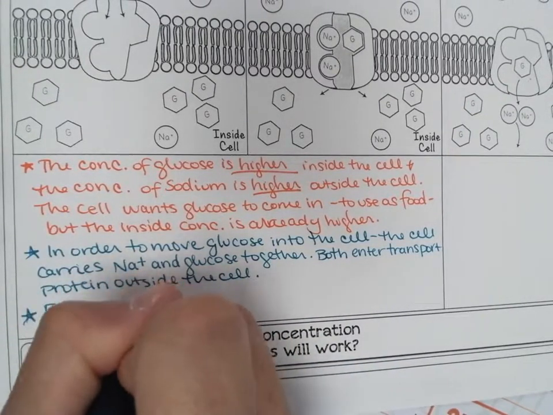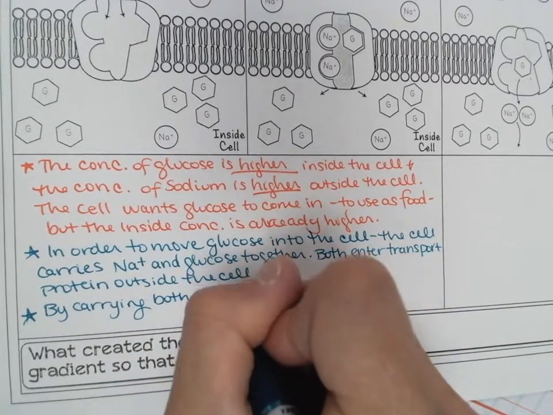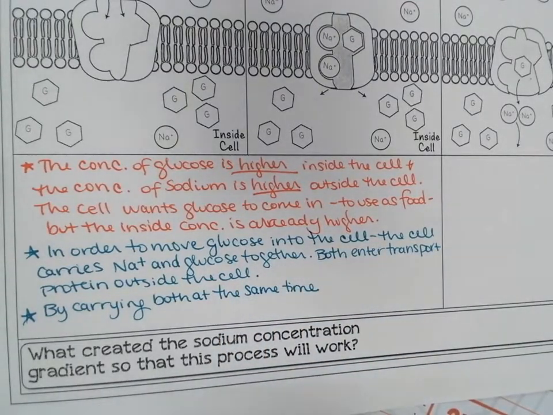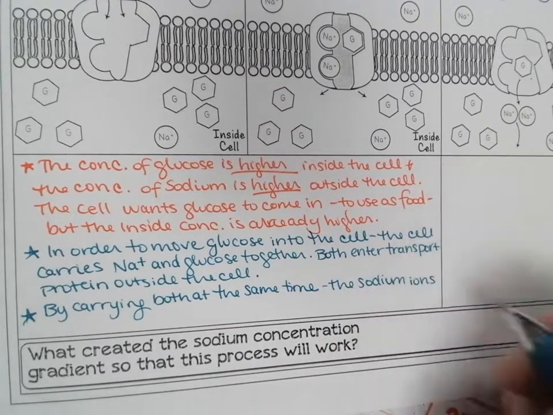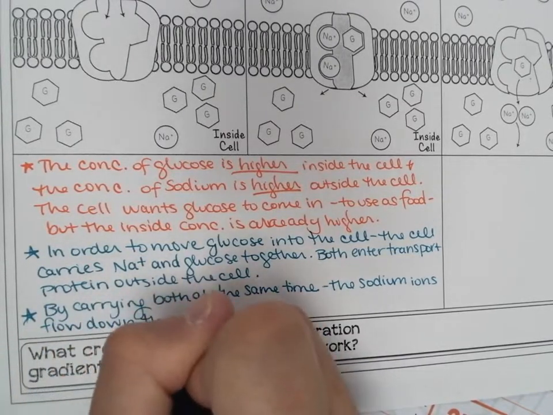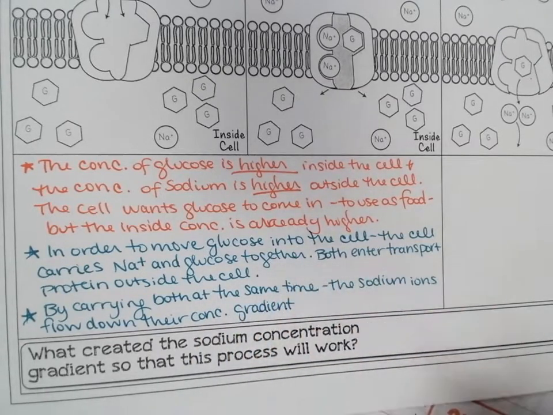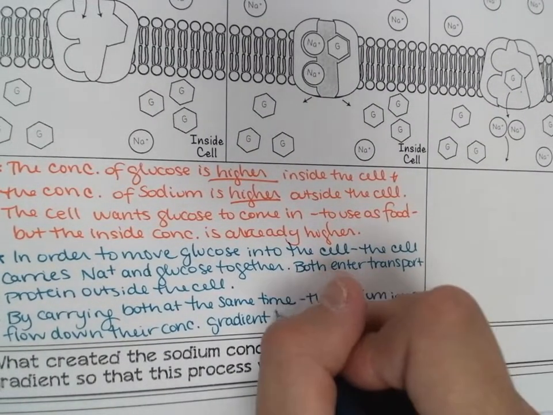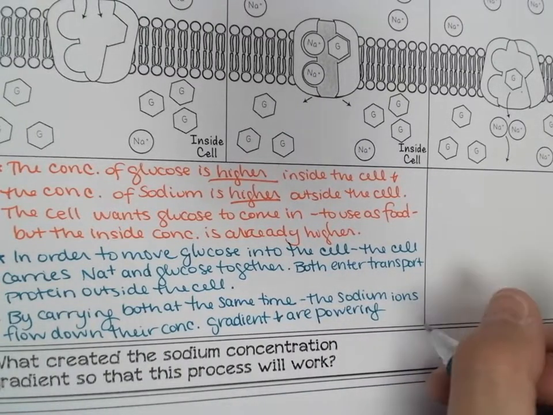By carrying them at the same time, the sodium ions flow down their gradient and are powering the movement of glucose.